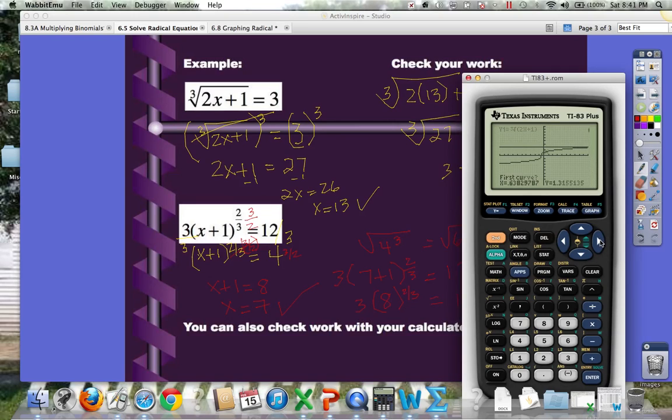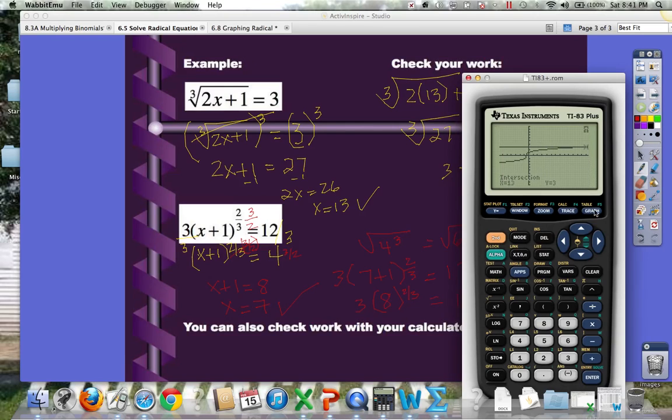Okay, move your little mouse guy on this side, and move your little mouse guy, and hit enter, enter. And you're going to see x is 13. It intersects right there, and x is 13. There's only one intersection, and it is at 13.